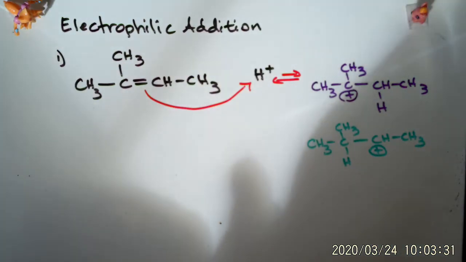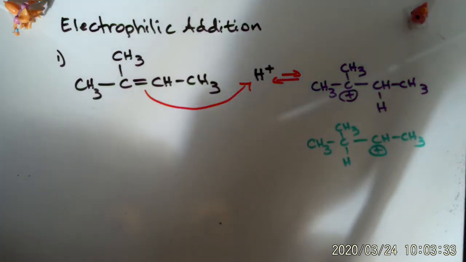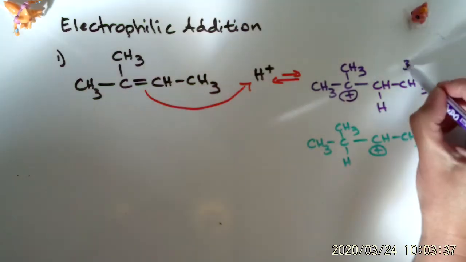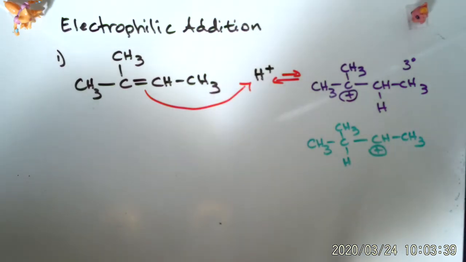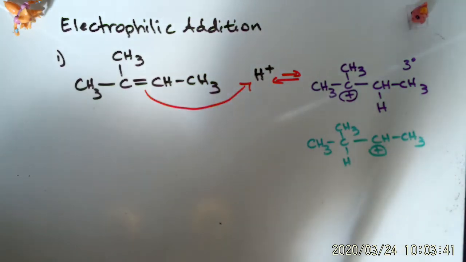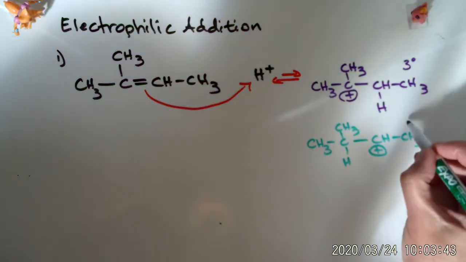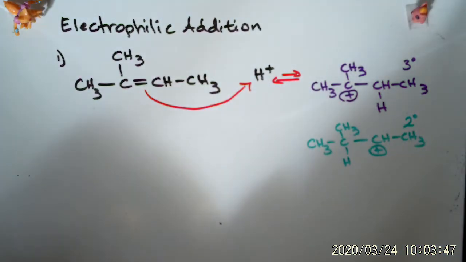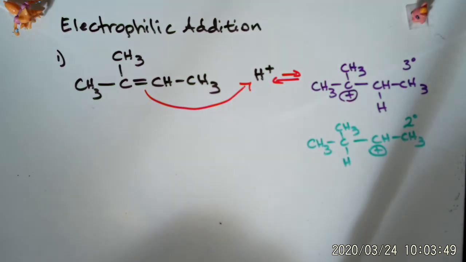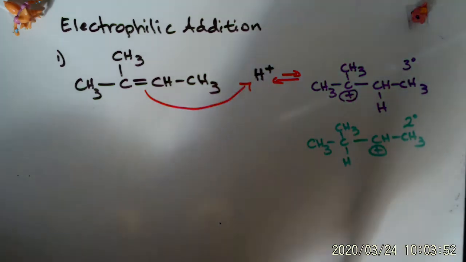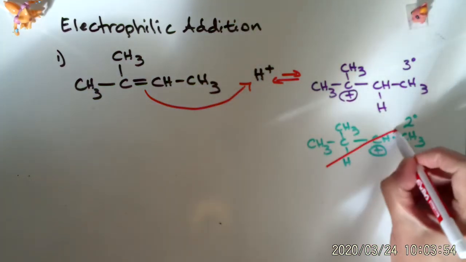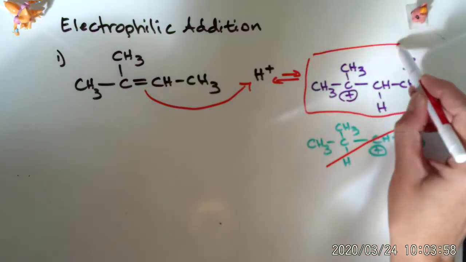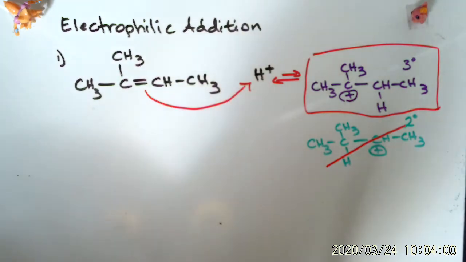Well, as you can see, this one is a tertiary carbocation, and this one is a secondary carbocation. And as we've discussed previously, secondary carbocations are not as stable as tertiary, which is why you only get this observed product.